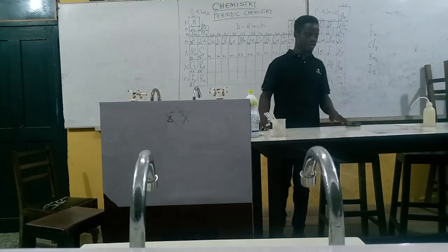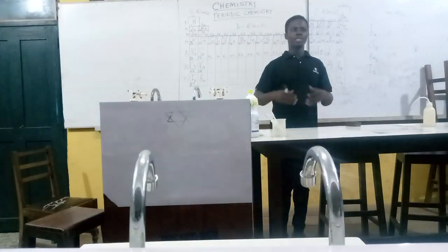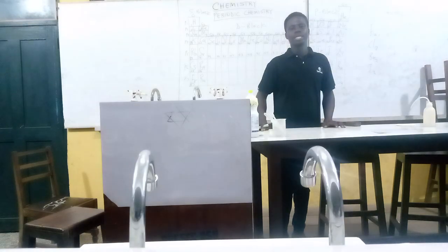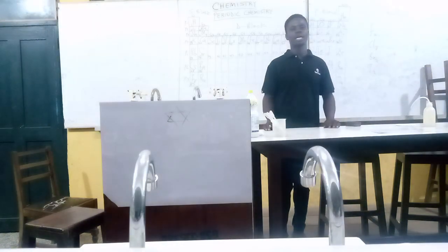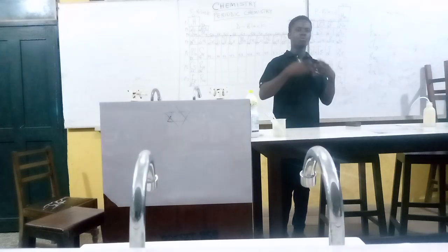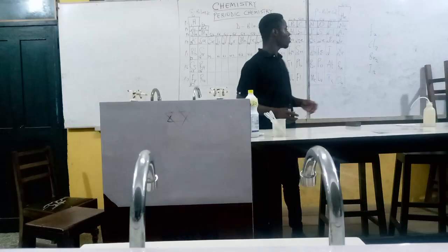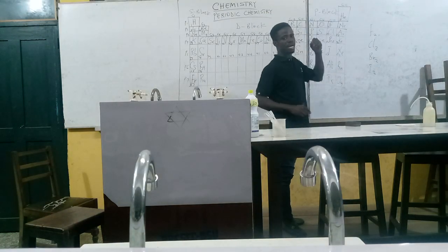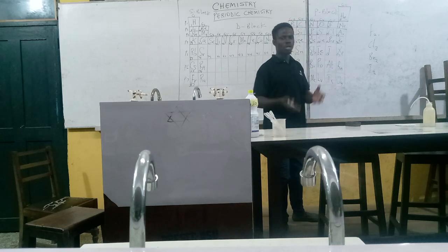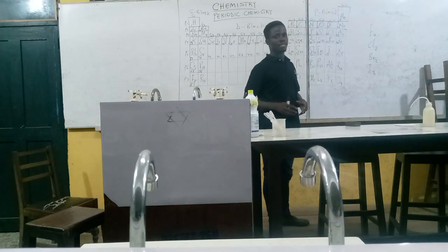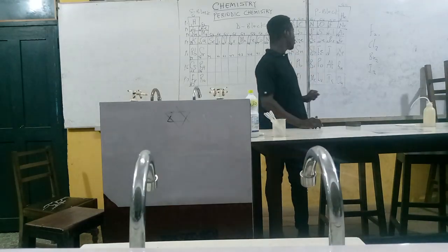When we get into organic chemistry, we shall be doing some tests on unsaturated hydrocarbons, how to test for unsaturation in hydrocarbons by using bromine water. When you do that test, you see the bromine water will decolorize the solution. So when you get to organic chemistry, we're going to talk about how bromine water is used. Now when you come down, iodine becomes solid. So as you are moving down, they have some variations on the periodic table, which we'll look at. So that is one thing we need to know about this.